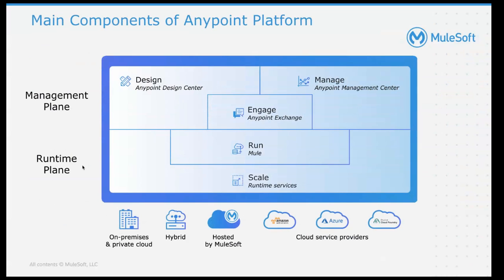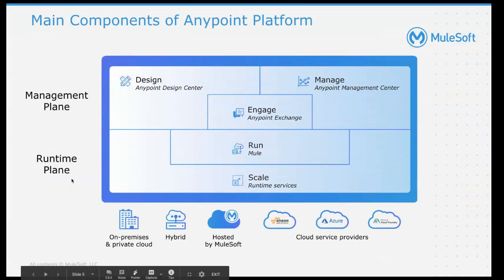And this is where things get tricky, right? The runtime plane is where you run your actual Mule applications. So the runtime plane is the actual VM or the execution environment where the Mule applications are running.